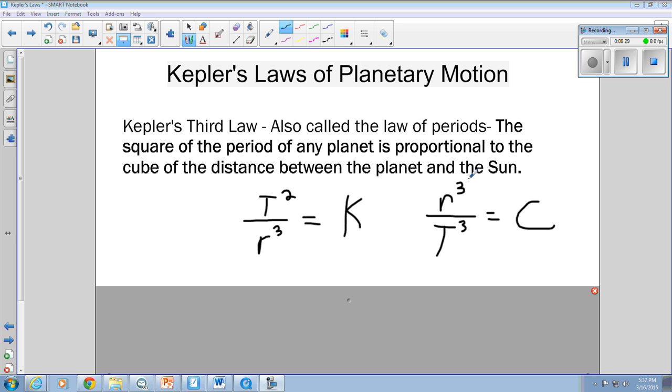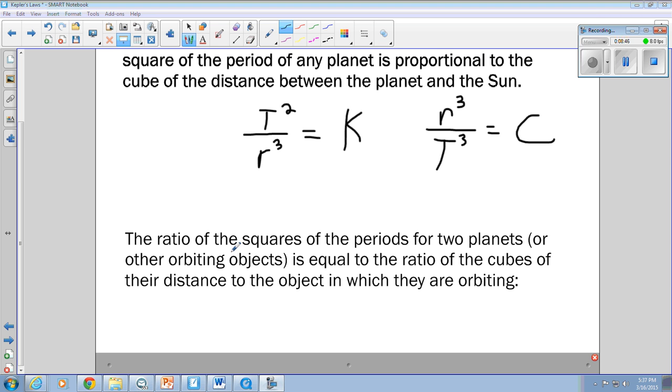Either way, this ratio between the period and the distance between the planet and the sun is going to be equal to some constant. So if we have the same solar system, the ratio of the squares of the periods for any two planets is equal to the ratio of the cubes of their distances to the objects that they're orbiting.